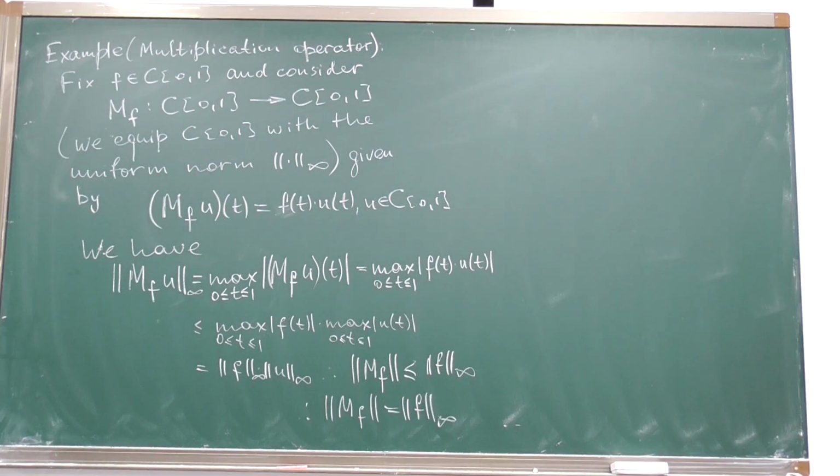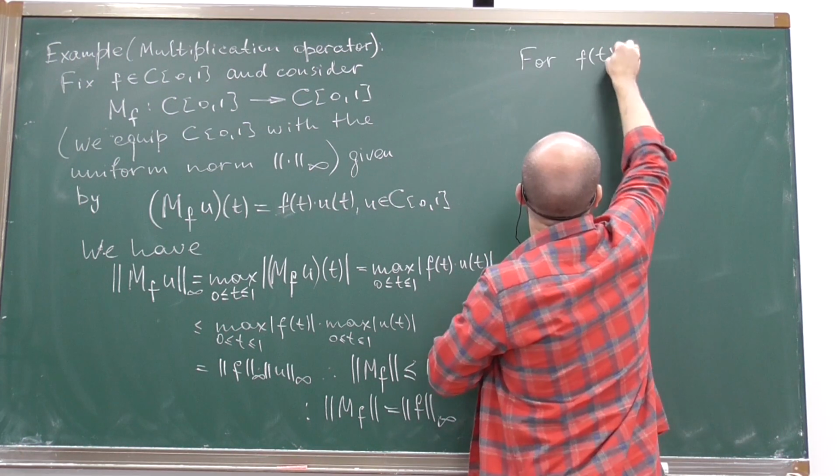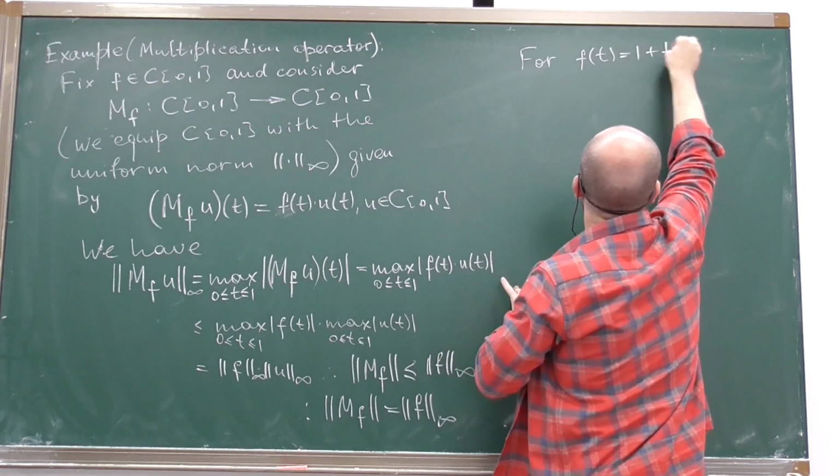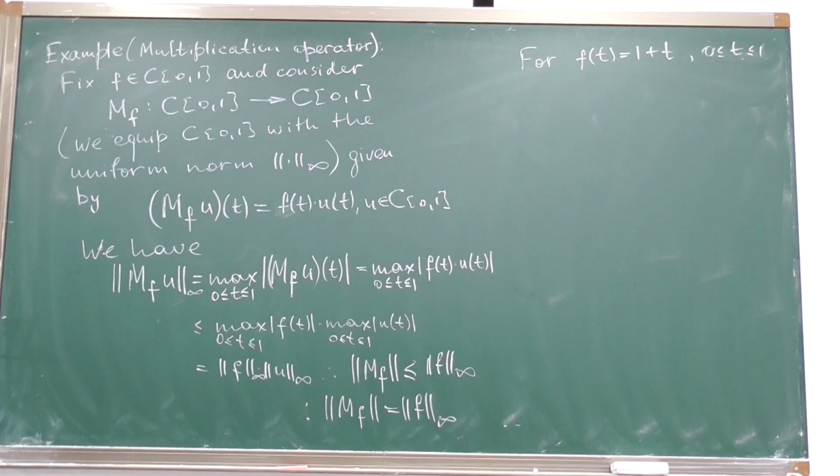And let us consider a specific example of a multiplication operator where we choose a particular function f. Let us take f to be 1 plus t. Having chosen this function f, it's not difficult to directly construct an inverse operator for the operator M_f.